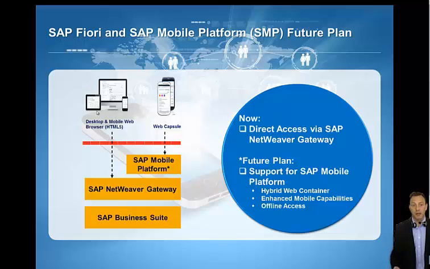Basically, a browser can access NetWeaver Gateway, which can in turn access the back-end capability. What we're going to be releasing at the end of this year is the SAP Mobile Infrastructure, which will incorporate a new offline web capsule. Fiori will become part of that. That will give the additional capability of being able to sync, do simple actions offline, and then sync up at a later date.